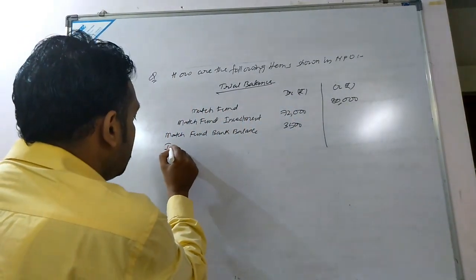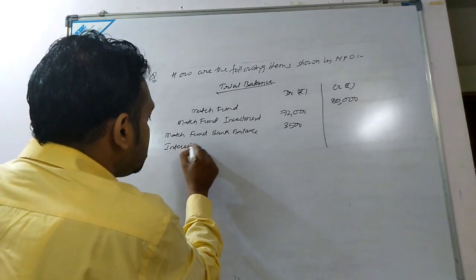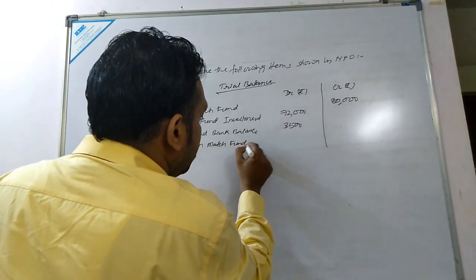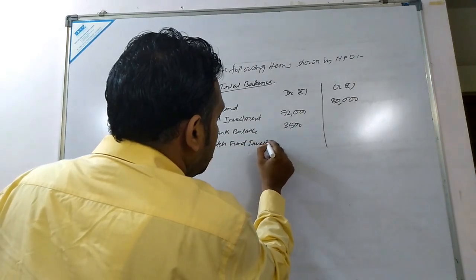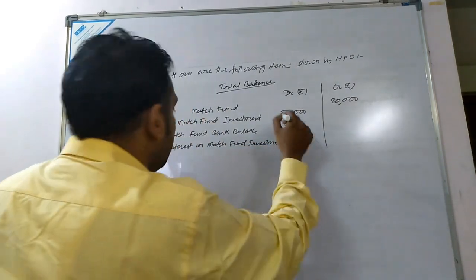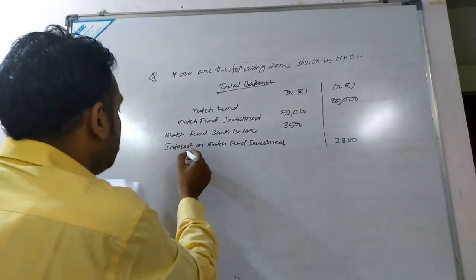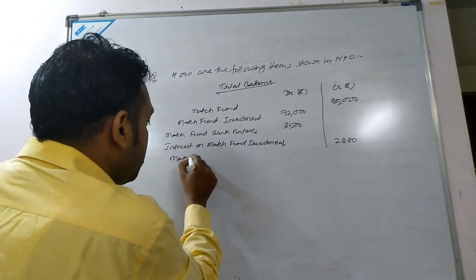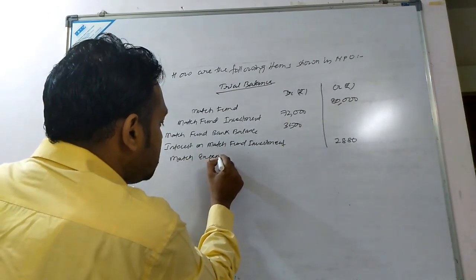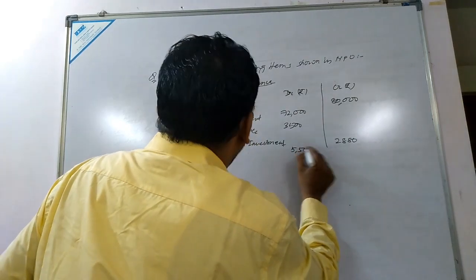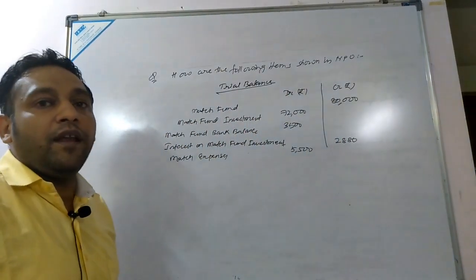Then interest on match fund investment, 2,880. Next, match expenses have been given, 5,500. And you are required to show the treatment in the NPO.